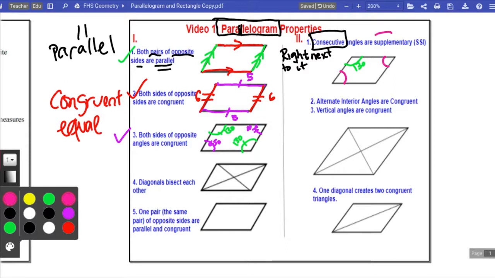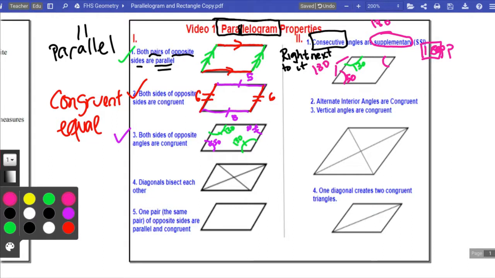But we say that they are supplementary. Supplementary means adds up to 180. If you forget what supplementary means, the S stands for 8 and the U stands for 0, then we have 180. It just means you add up to 180. So this angle plus this angle has to equal 180. Then you can easily conclude that this has to be 50.